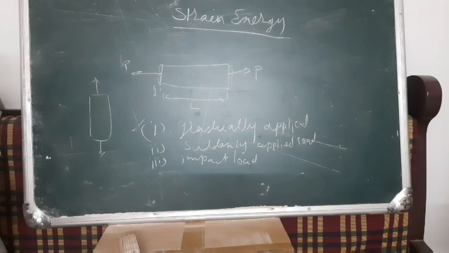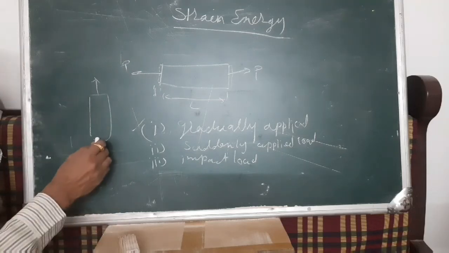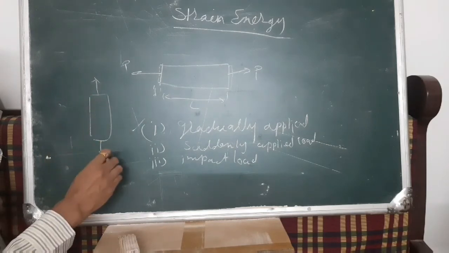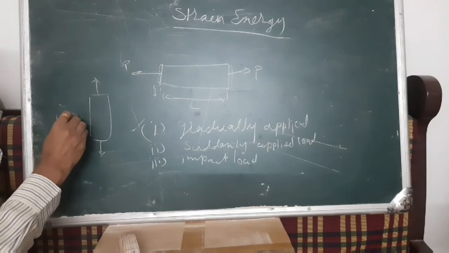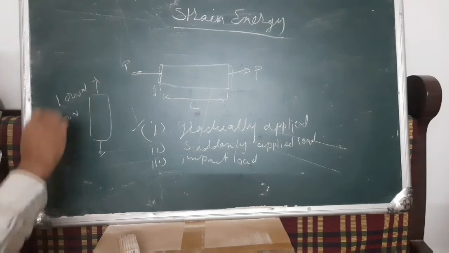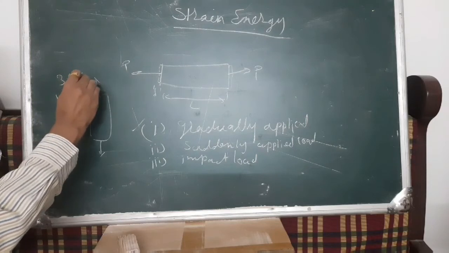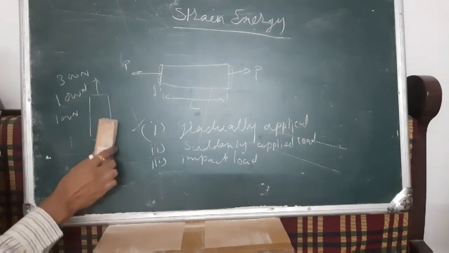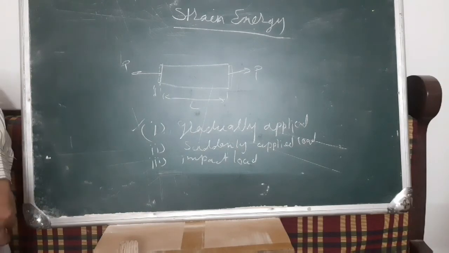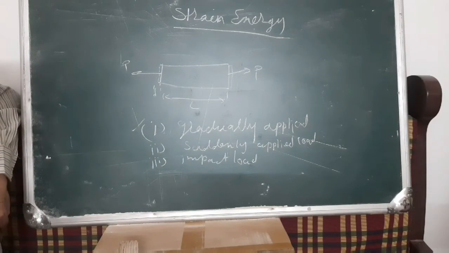It is when a sudden load is applied on a body, instead of increasing the load gradually. Here the first load is 100 Newton, the second load is 1000 Newton, the third load is 3000 Newton. So that is a suddenly applied load. In that case, the stress developed will not be the same. It will be varying. That we will see when we go for the suddenly applied load.